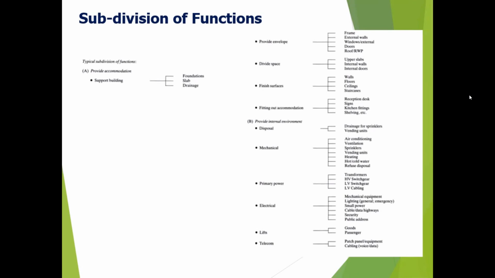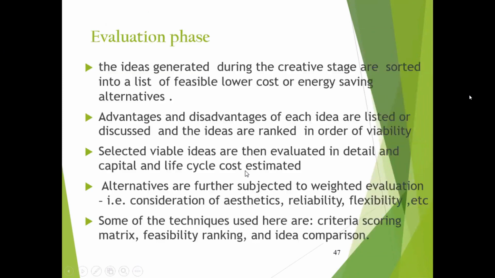And they are further divided as provide envelope, divide space, finish surfaces. And then that also we can divide further as frame, external walls, windows, external doors, and so on. So this is actually called functional hierarchy, okay?